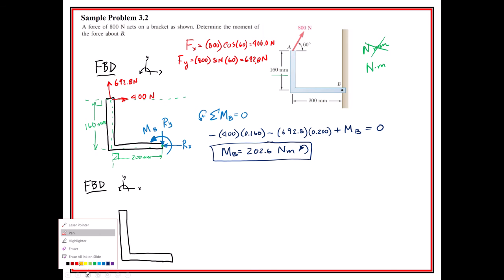Now, the other way to approach this problem could have been, we could have just left this force, this 800 newtons here, but now taken a line of action for it that went down like this right here. And we could have used geometry to find what this distance is, right?